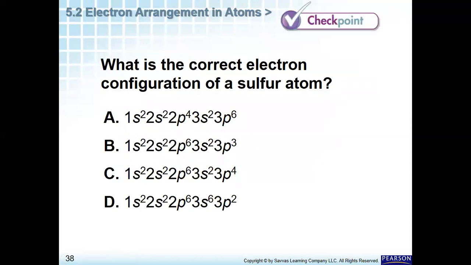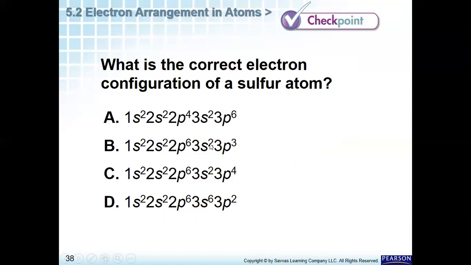So here, let's get an example. What is the correct electron configuration of sulfur here? Sulfur has 14 electrons, I think. No, it has 16 electrons. So 16 electrons we'll get by the end. 1s2 2s2 2p4, it cannot be 4, it must be 6. 1s2 2s2 and 2p6, that's 10.